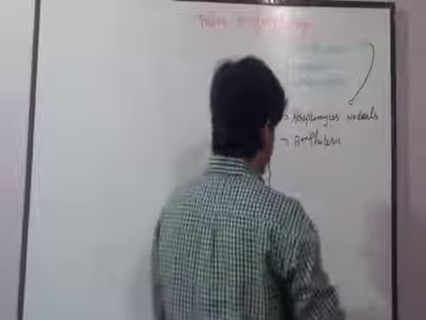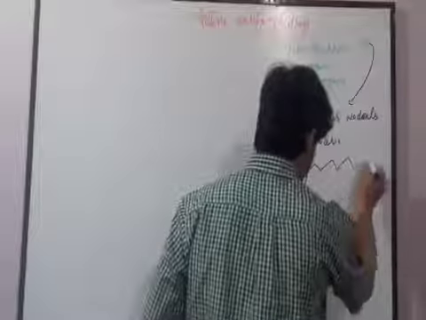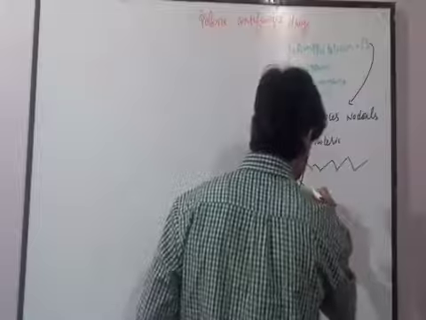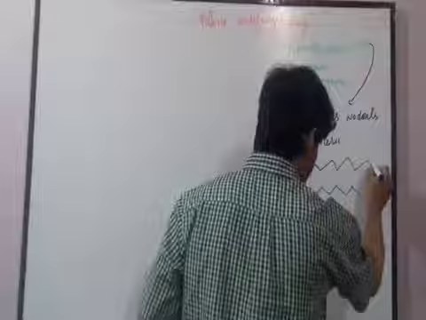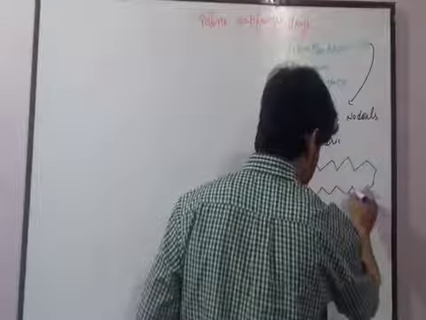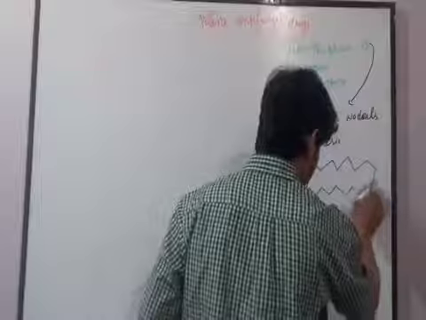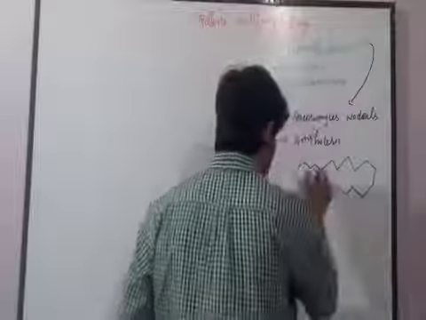So let me draw the structure. If we draw the structure, how will it look? It will look in this form. This is not the exact structure, but if you search on the internet, you will usually find this kind of structure.